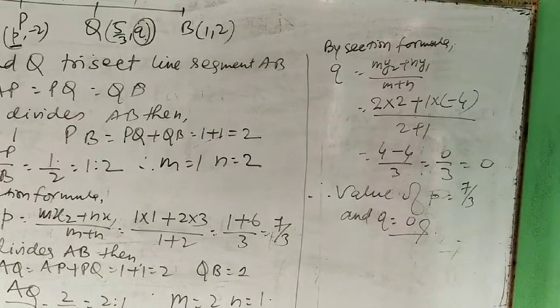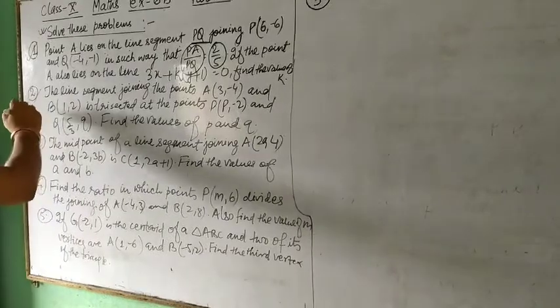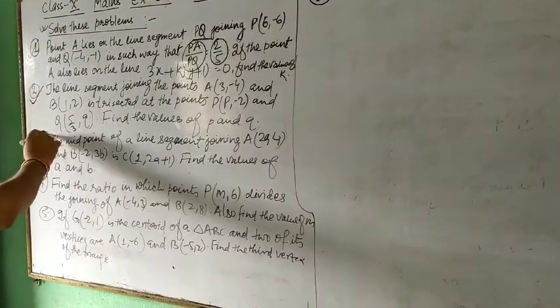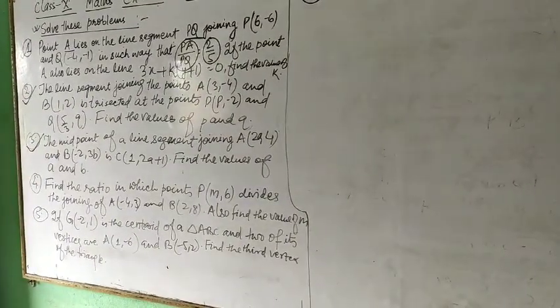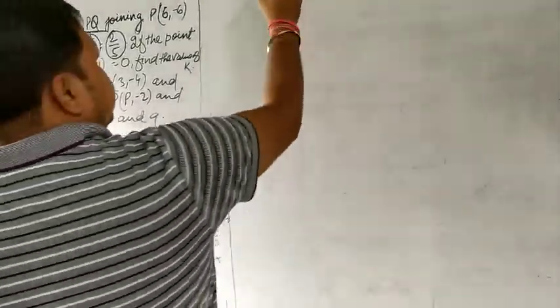Now your second question is clear. Now in the third question, the midpoint of line segment AB.